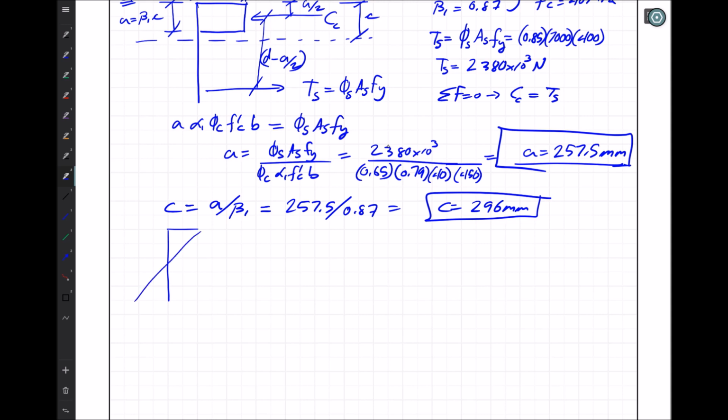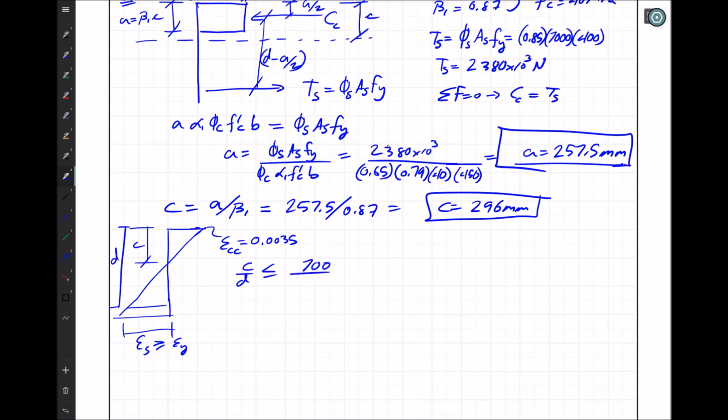Now we know for a fact that this is under reinforced, but we still want to check the value of C to D. That's D and this is C, this is epsilon steel, and this here is epsilon of concrete. When this is equal to 0.0035, we want to make sure that epsilon steel is greater or equal to epsilon Y. To check that, we take the ratio of C over D and set it less than or equal to 700 divided by 700 plus Fy.